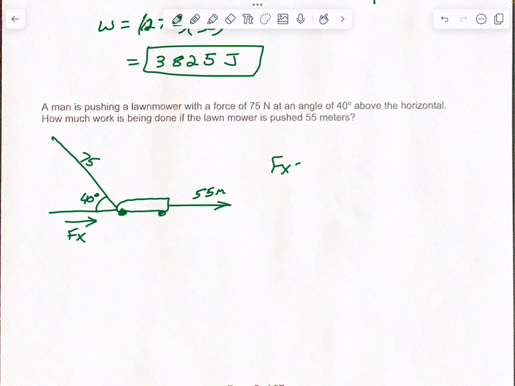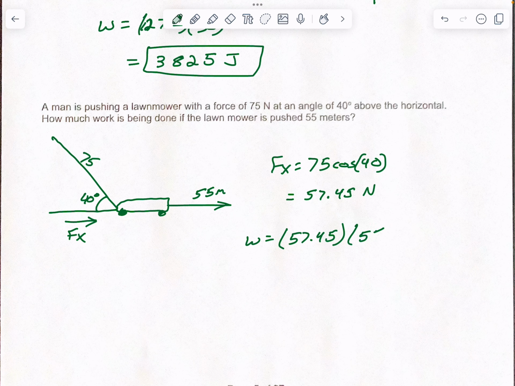Fx equals our hypotenuse, 75, times cosine of 40, and you get a value of 57.45 newtons. Now I know how much of that force is actually going in the direction of the lawnmower. So I can plug in work equals force, 57.45, times my distance, which is 55, and I get 3,159.75 joules.